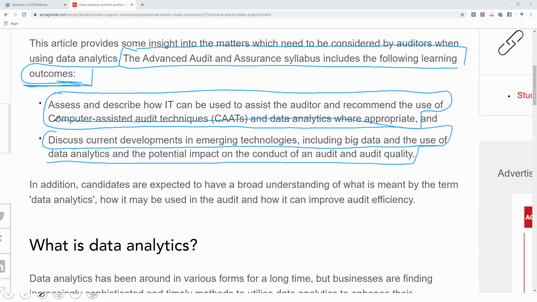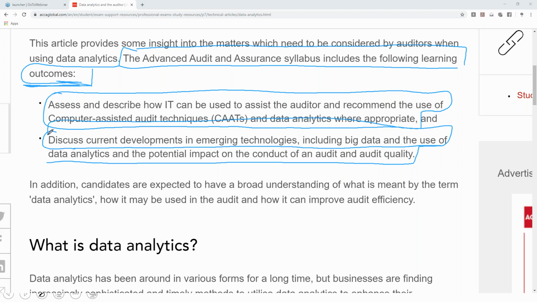So your examiner is expecting two things from you for December 19 exams or later: that you should first assess and describe how IT can be used to assist the auditor in the audit, including the CAT techniques, right? And secondly, discuss the current developments in relation to the emerging technologies, like big data.